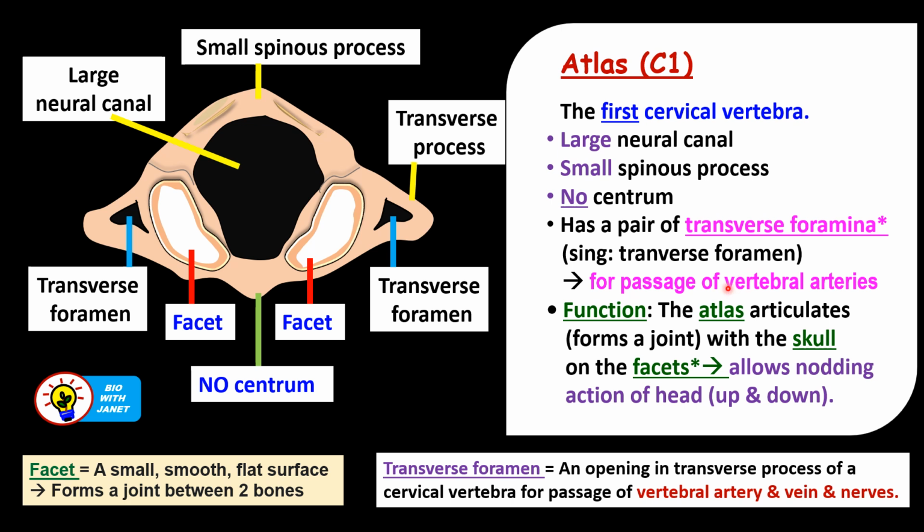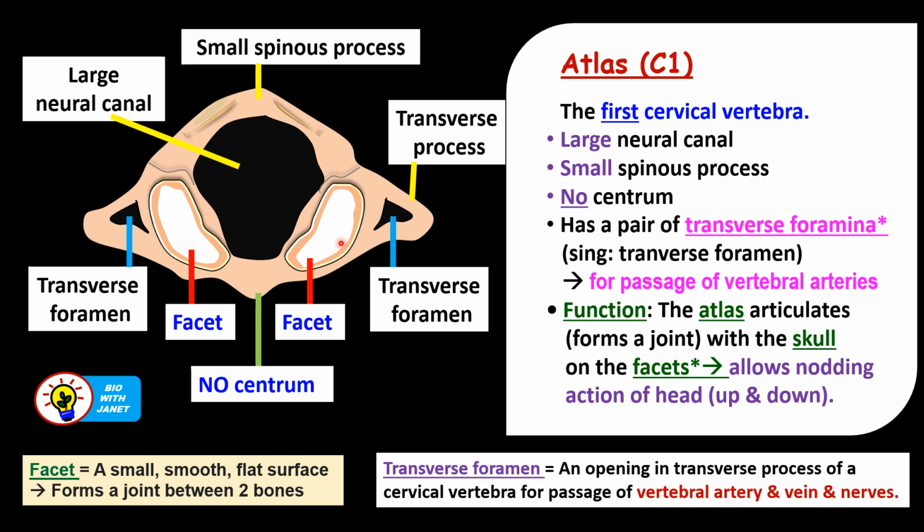So remember, the transverse foramen or transverse foramina are for the passage of the vertebral arteries from the aorta to the brain. Now, what's the main function of the atlas? It articulates or forms a joint with the skull. Alright, that means the skull will sit on top of these two white facets here, these two smooth surfaces. Your skull will sit on that, and then this joint allows the skull to move up and down, like nodding.